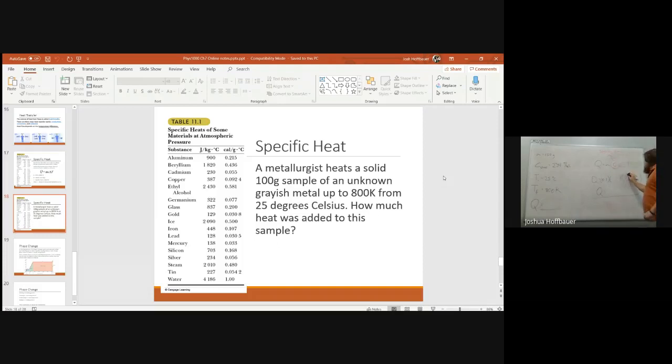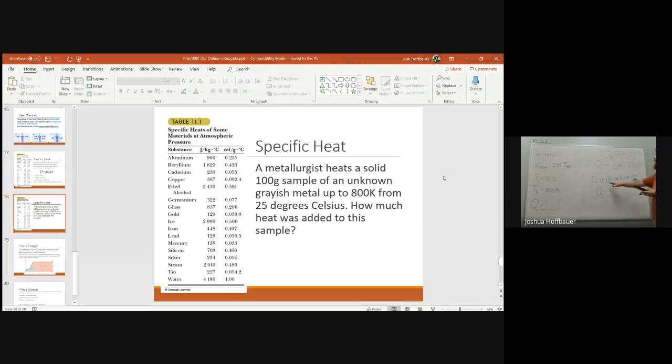Real quick, I'm just going to plug in some numbers related to water just for a quick proof of concept. The specific heat of water is 4,186. And let's just see how much thermal energy it would take to increase water's temperature from room temperature to the temperature where it boils. That's 100 Celsius.